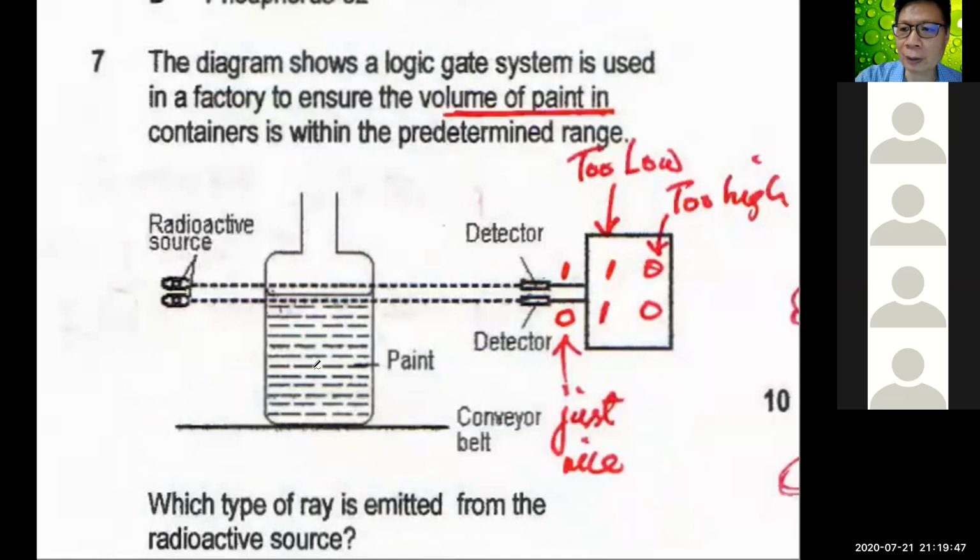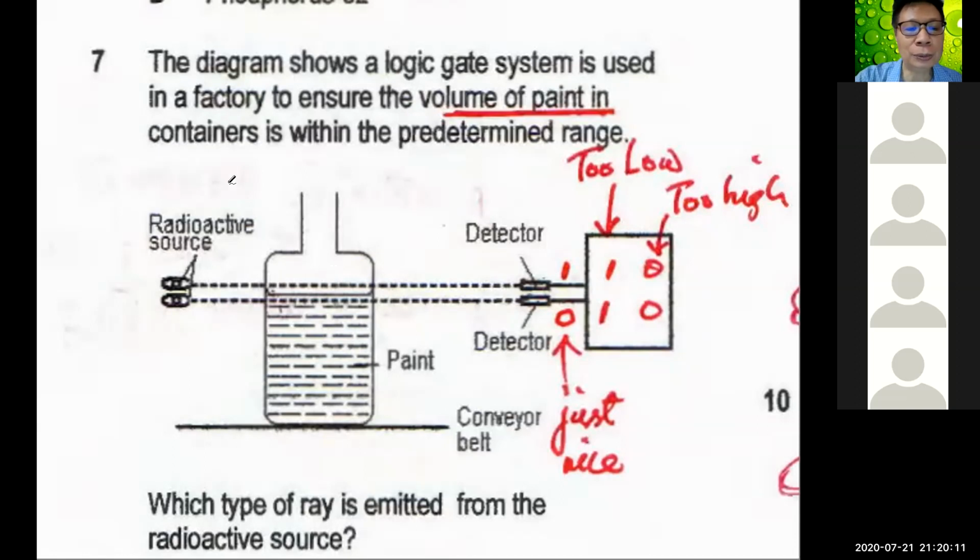Not only for paint, even for juice, Coca-Cola, 7-Up, orange juice, you want to check whether the container is enough or not. You have to scan whether the level is enough or not. So what they do is like this.